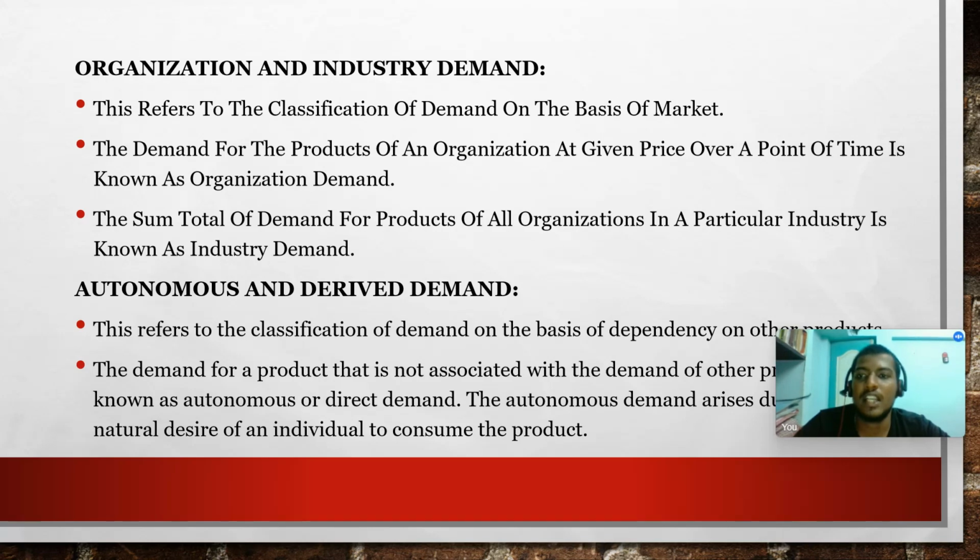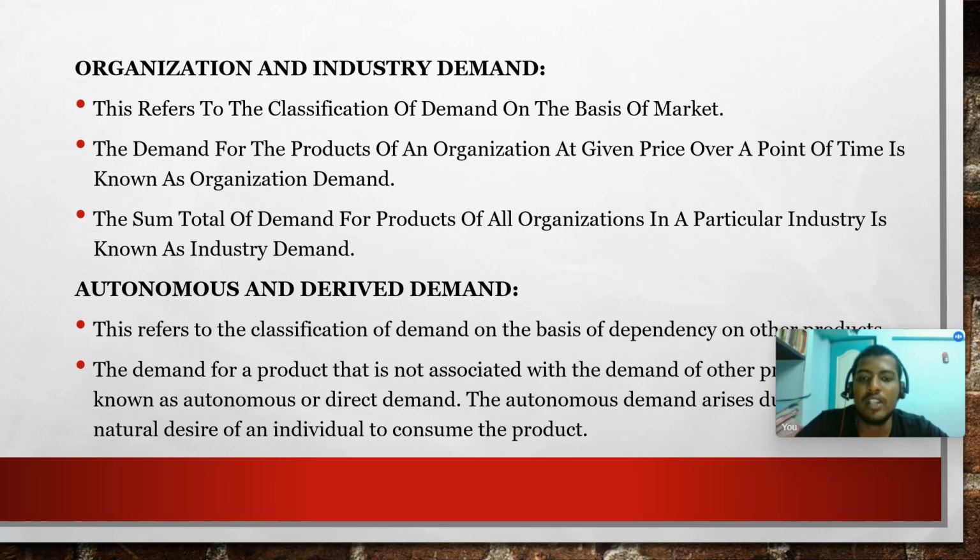Organization and industry demand. This refers to the classification of demand on the basis of market. The demand for the product of an organization at a given price over a point of time is known as organization demand. The sum total of demands for the products of all organizations in a particular industry is known as industry demand.